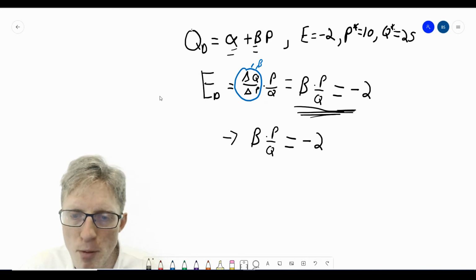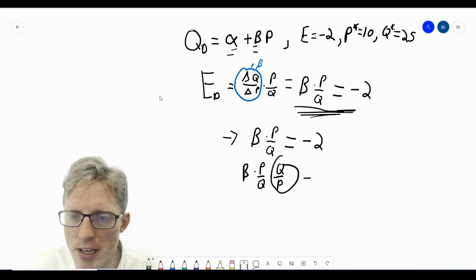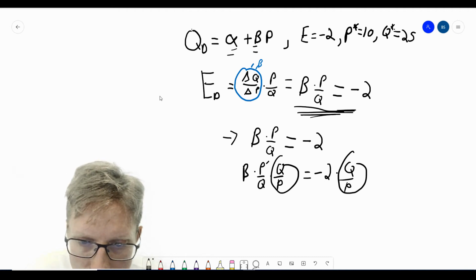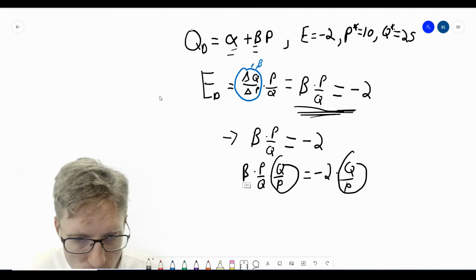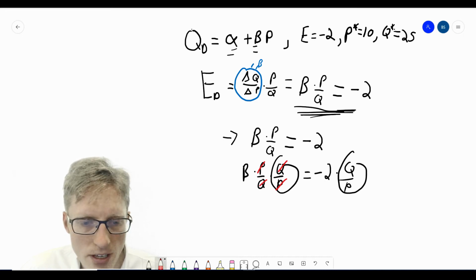So if we multiply both sides by Q over P, we get beta times P over Q times Q over P, the part we're multiplying both sides by, is equal to minus 2 times Q over P. Now on the left-hand side, this price cancels this price, and this quantity cancels this quantity.